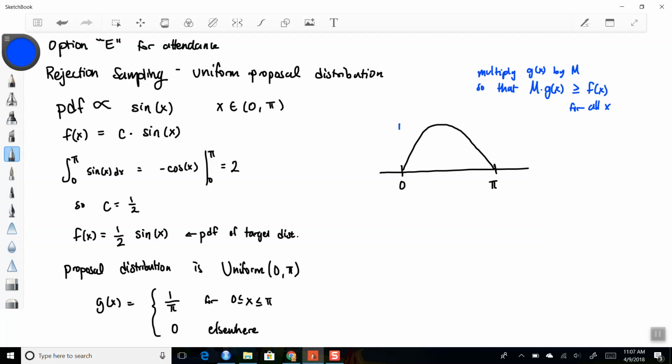And so what that will look like is we'll get a rectangle like this. And what is the height here? It should have a height of 1/2, right? So, is this picture okay?